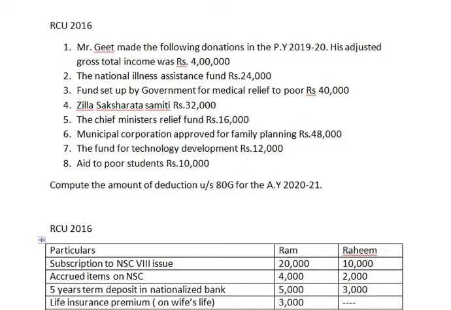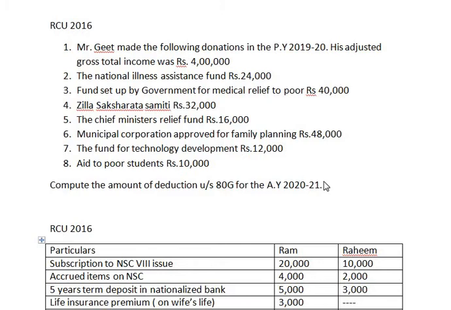So with limit donation comes to only 40,000 because 10% of adjusted GTI or total with limit donation, whichever is less, is qualified for deduction under section 80G.